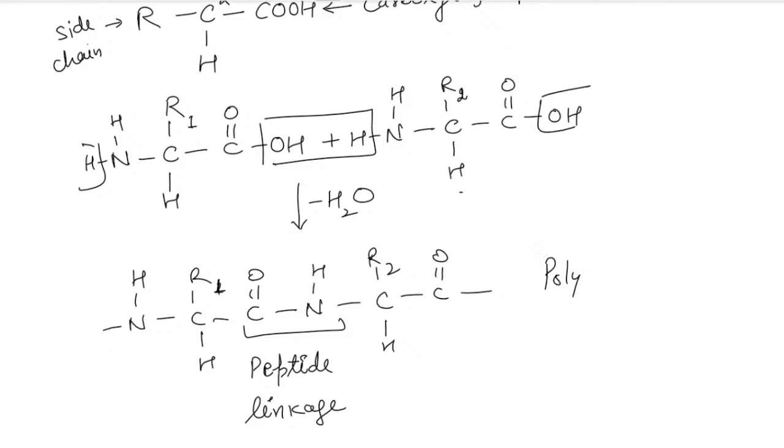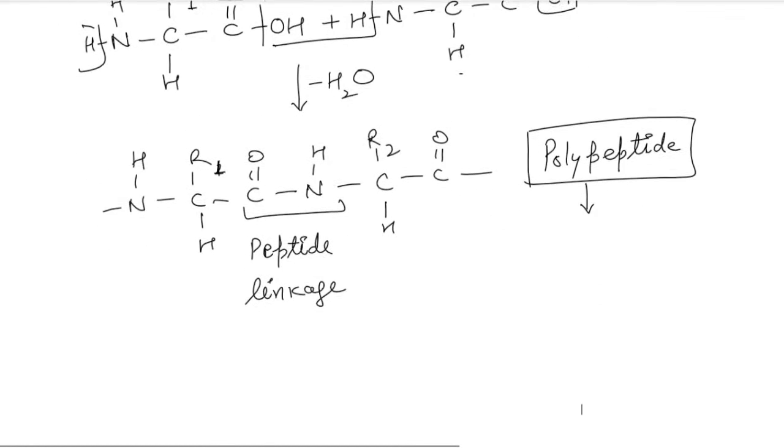And this is called polypeptide. If two are joined, that is called dipeptide, tripeptide, and many alpha amino acids are joined, so we get polypeptide. Okay, and this polypeptide is called proteins. Polypeptides means high molecular mass polypeptides, that is called proteins. So that means actually proteins are condensation polymers.